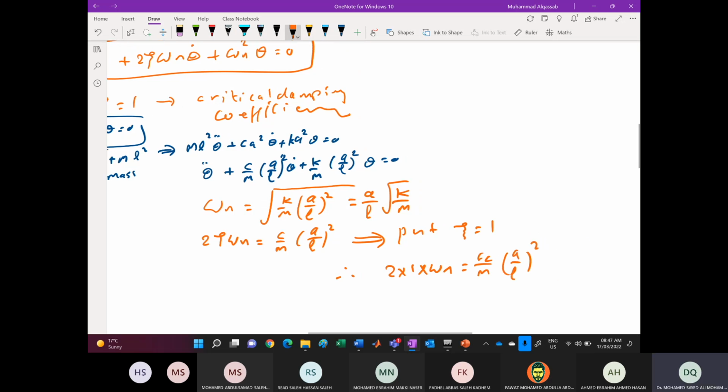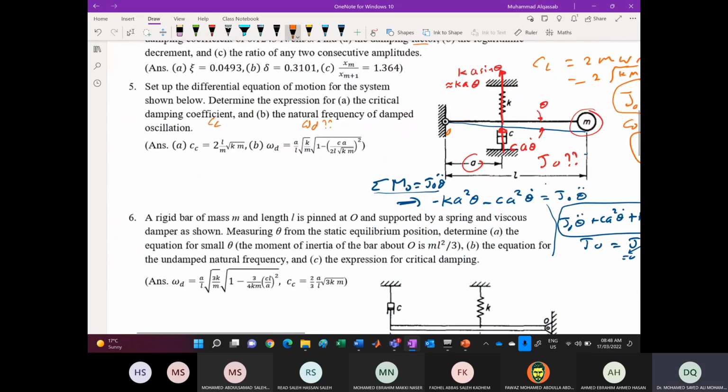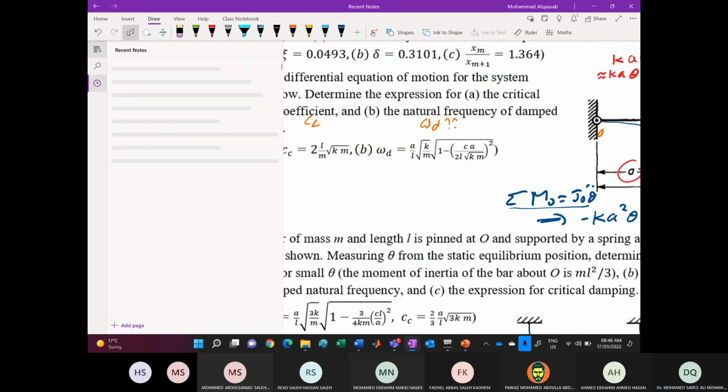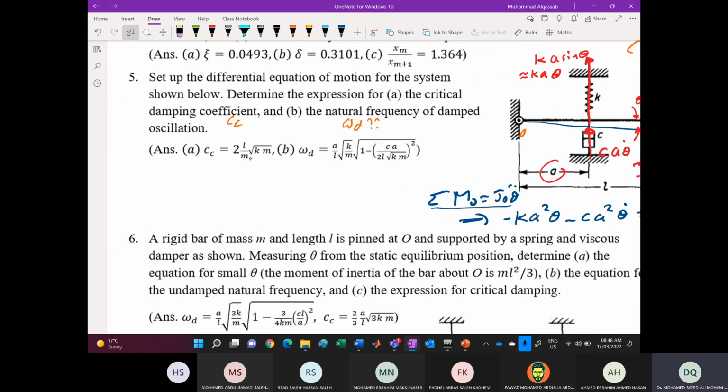And you can find CC from here. Omega n is A over L square root of K over M, so 2 times A over L square root of K over M equal to CC over M times A over L squared. And you can get CC on this side by multiplying by M and multiplying by L squared, and this becomes 2 L over A square root of Km. Okay, I think there is a mistake here. This is L over A.